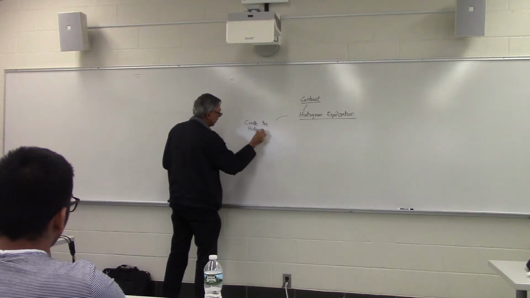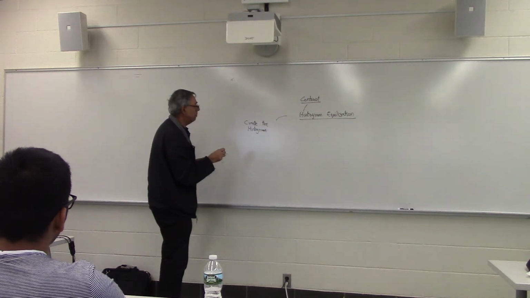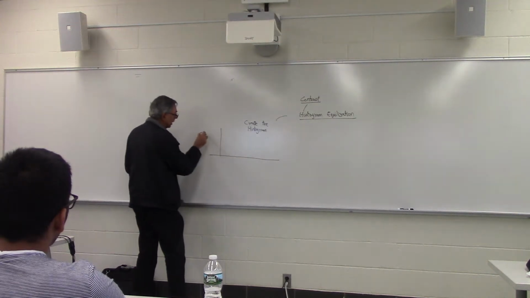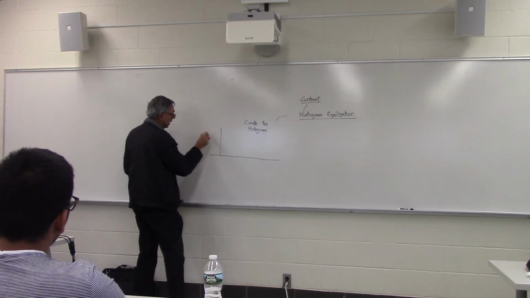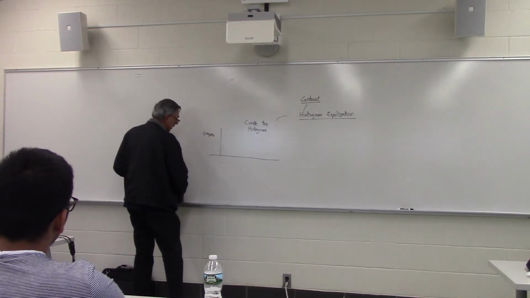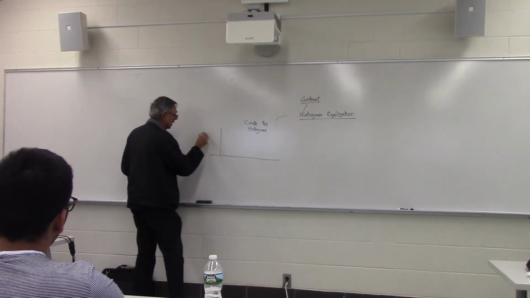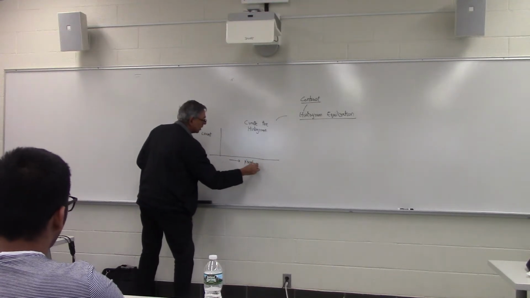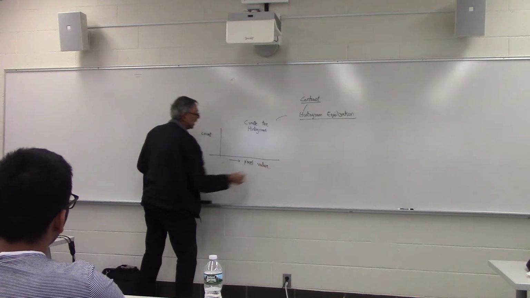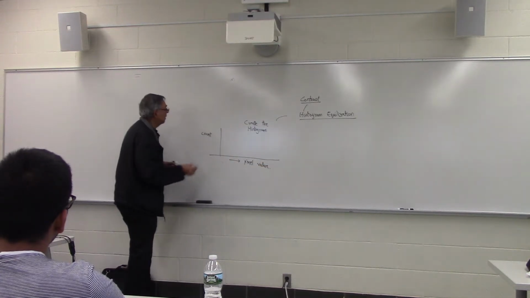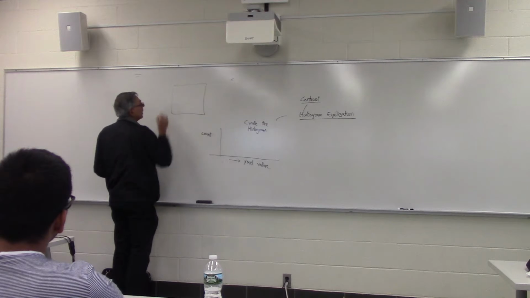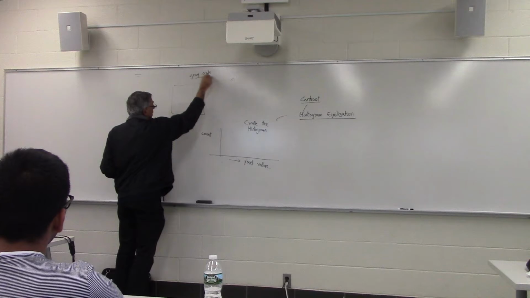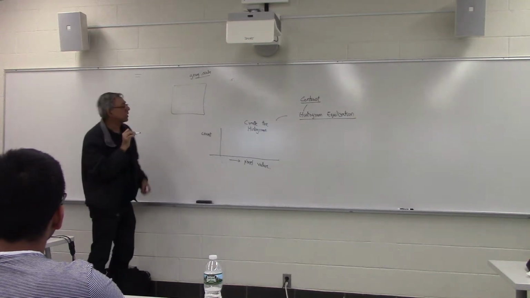So what exactly is a histogram? A histogram is basically, on here, the frequency or the count. Maybe frequency is not the proper word, let me say just the count. And here is the pixel value. For example, for the time being, let's focus on grayscale, meaning red, green, blue pixels are all the same.